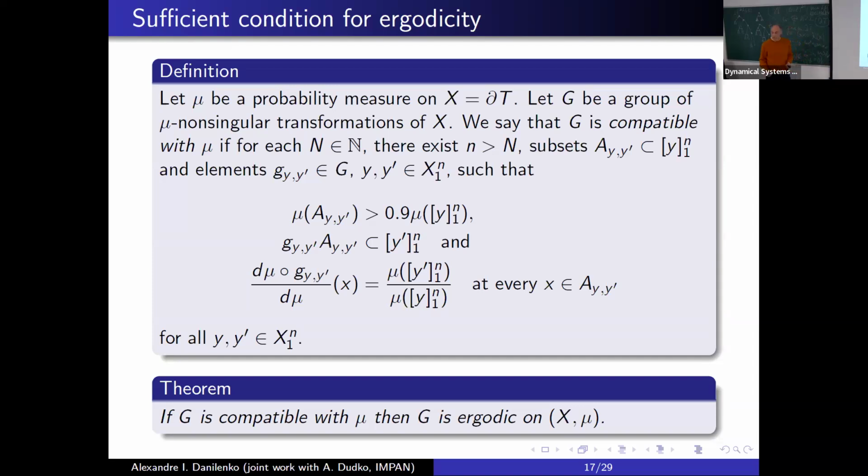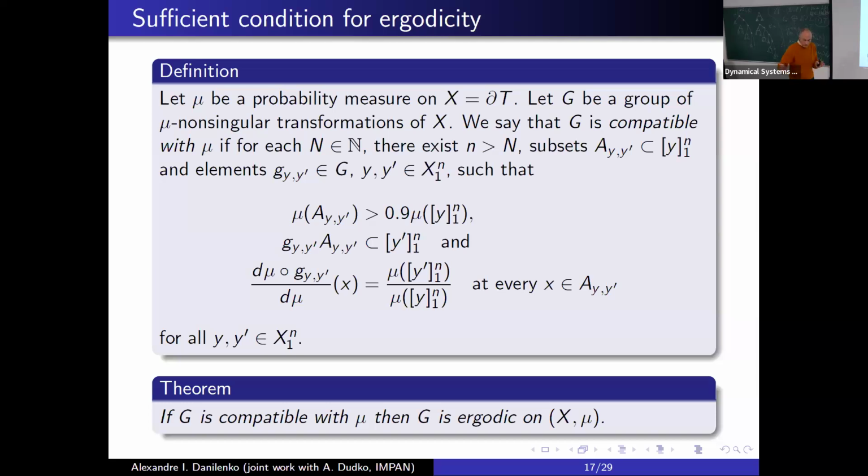And even this is not enough. We want that the Radon-Nikodym derivative is constant on this significant part of the cylinder. So our transformations, our elements g', are in a sense piecewise affine.